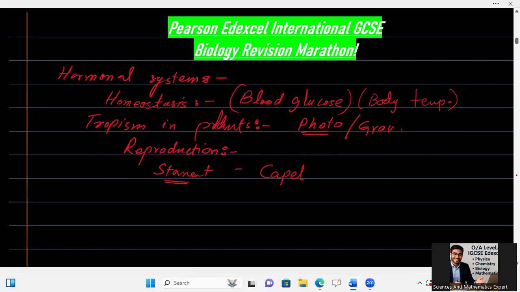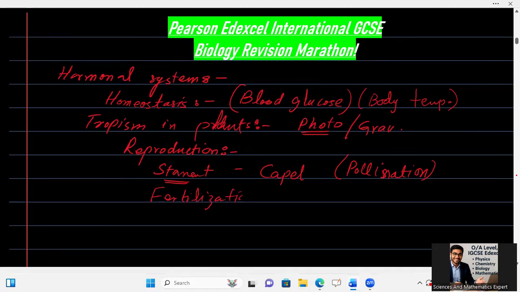Then there is the process of pollination, which can be wind pollination or cross pollination. Pollination is the transfer of pollen grains from anther to stigma, by insects or wind. After that, there is fertilization.